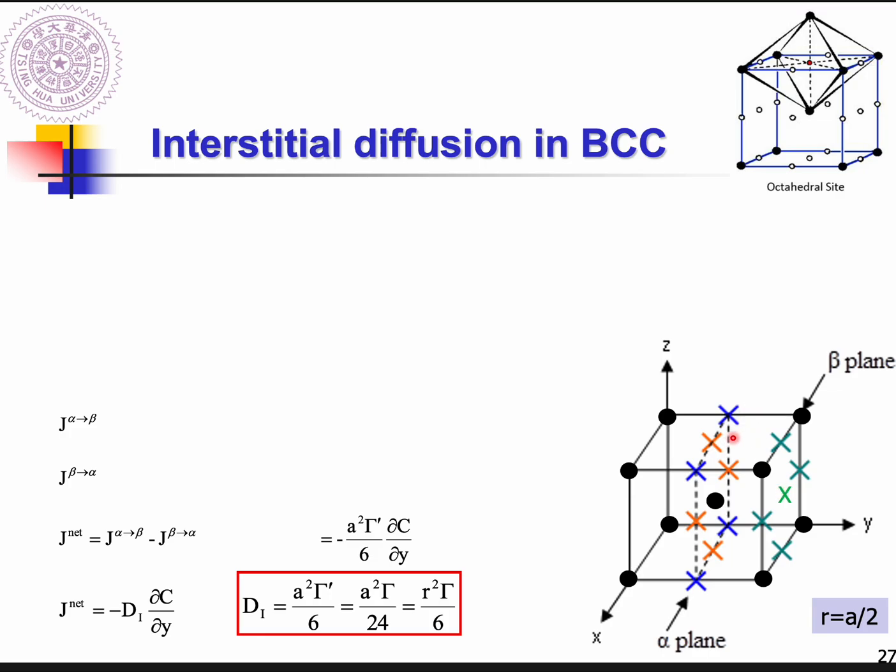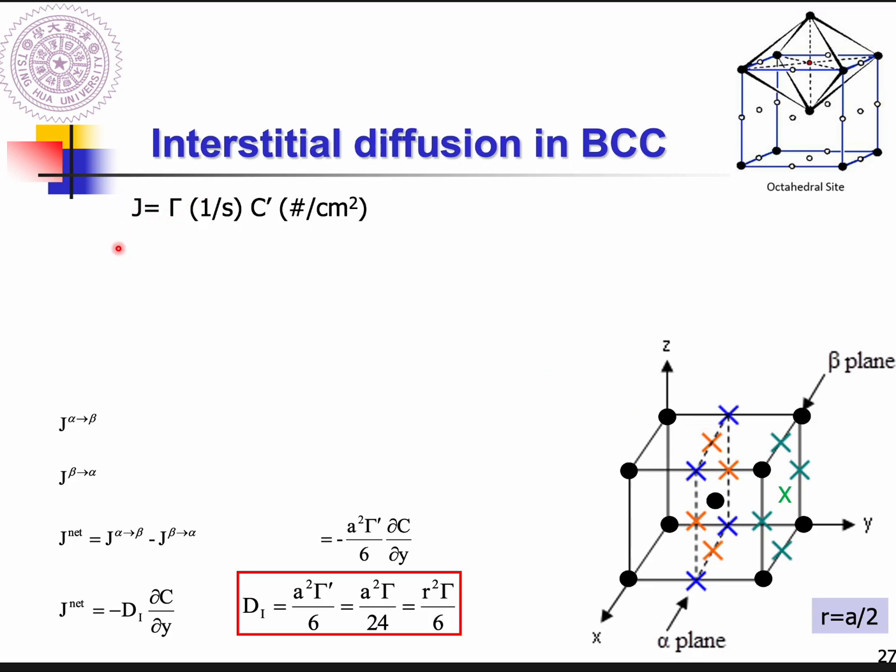Now we have highlighted all the interstitial sites on the alpha plane and beta plane. Next I'm going to show you how to get the net flux of interstitials from alpha to beta. First of all, we need to link the flux with the atomic jumping behavior.